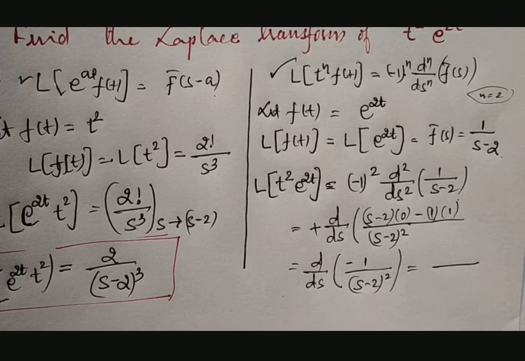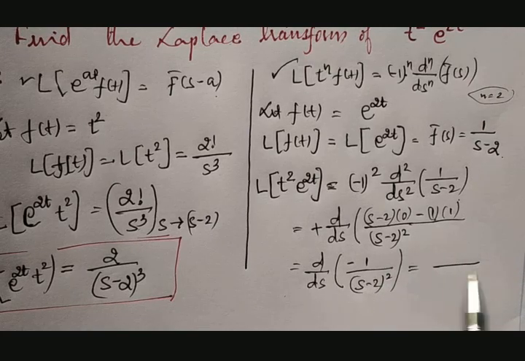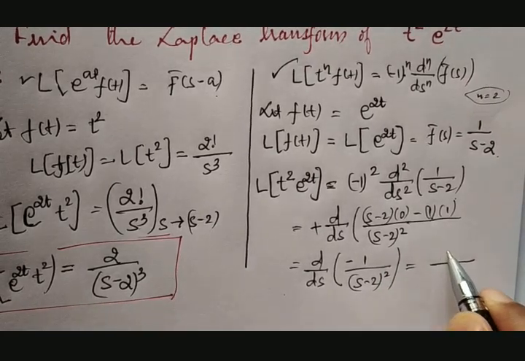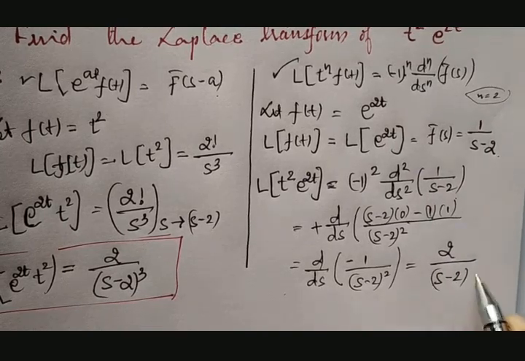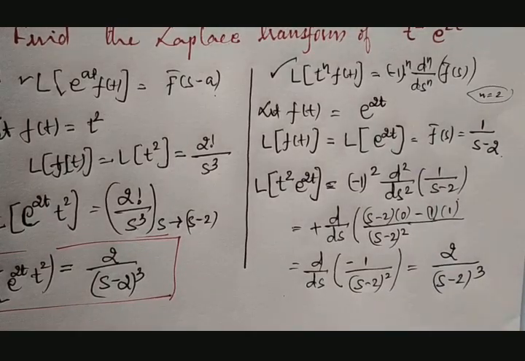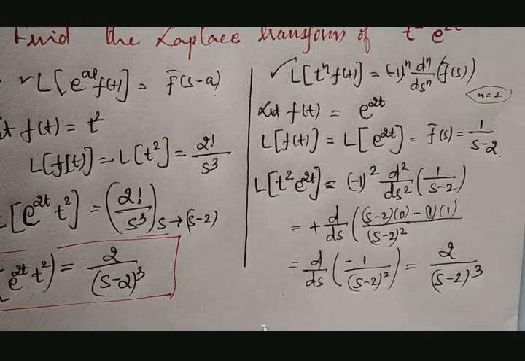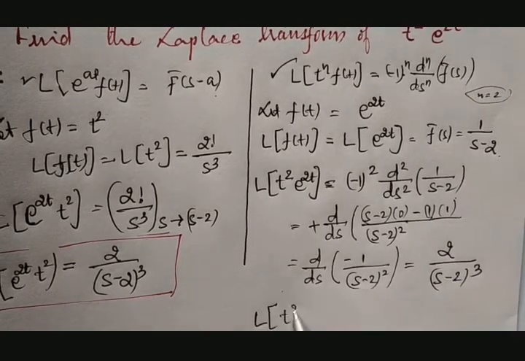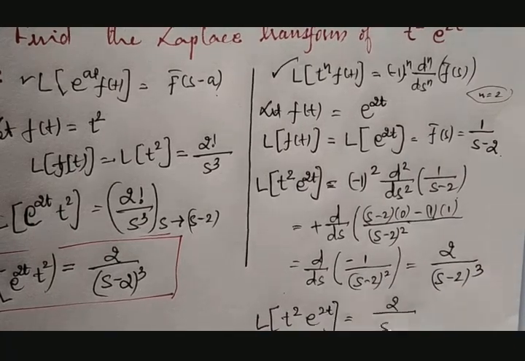Then differentiation of minus 1 by s square, then differentiation of this, if you take it to the numerator, then it becomes minus of minus plus 2 divided by s minus 2 the whole cube. Fine. So this is the double differentiation, and this is the result. Laplace transformation of t square into e raised to 2t is equal to 2 divided by s minus 2 the whole cube.